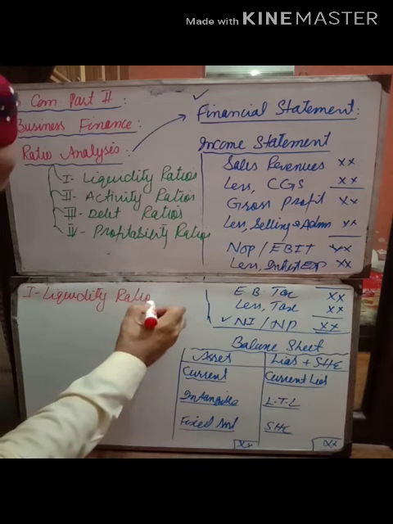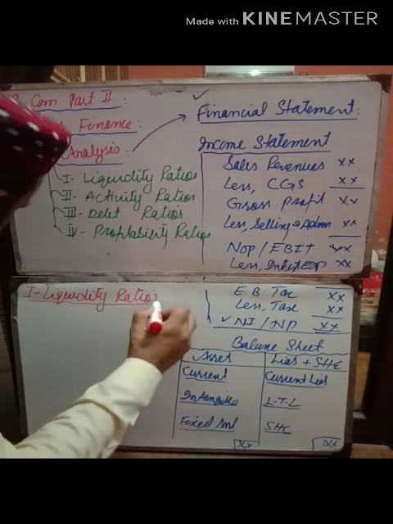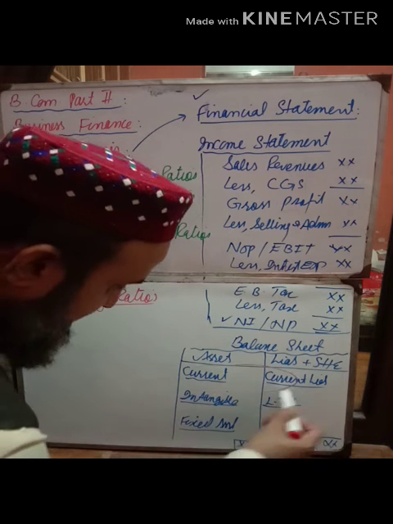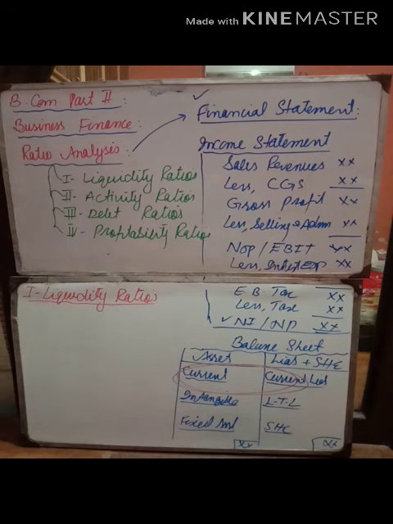Our liquidity ratios mean a firm's ability to satisfy its short-term obligations as they come due. So in simple words, we may say these two segments, these two items of the balance sheet, will be under consideration for the purpose of liquidity ratios.